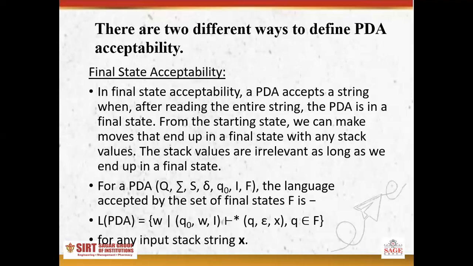For a PDA with the 7-tuple Q, sigma, S, del, Q0, I, F, the language accepted by final state is the set of strings where (Q0, W, I) turnstile star (Q, epsilon, X), where Q is an element of F, for any stack string X.